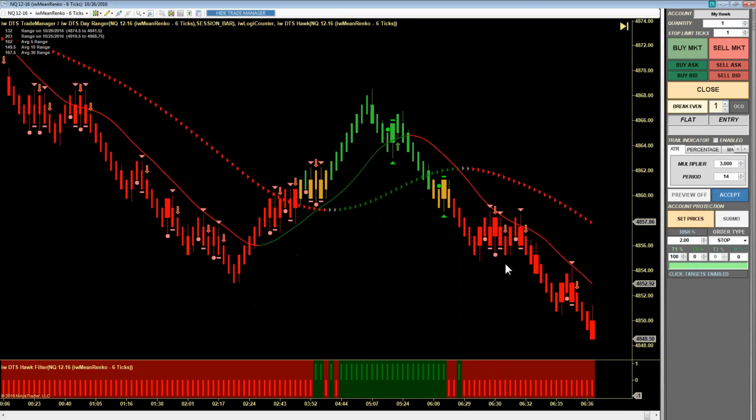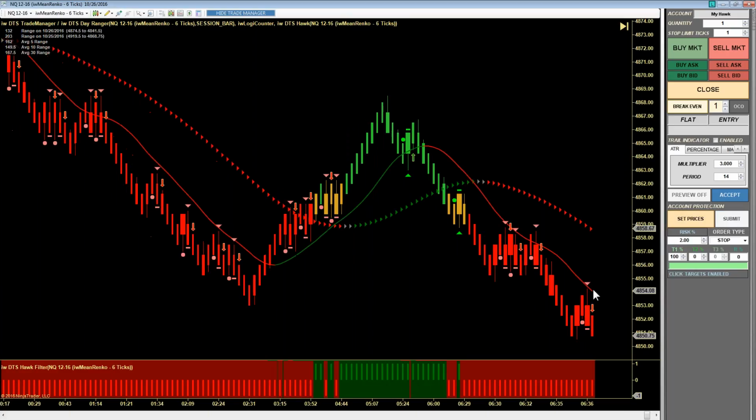All right, let's go here, let's say we take this signal. This is not one of our high probability signals, but let's say we take it. So once again, where's the best place to cover this trade? Well, the best place to cover the trade is up here. Why? Because this gives me the greatest staying power.